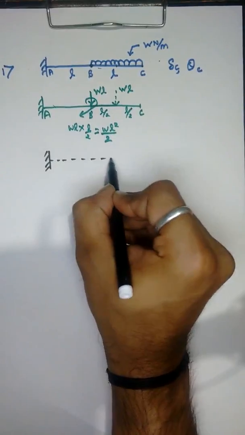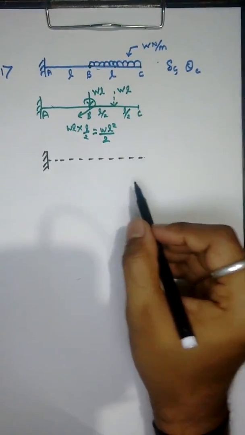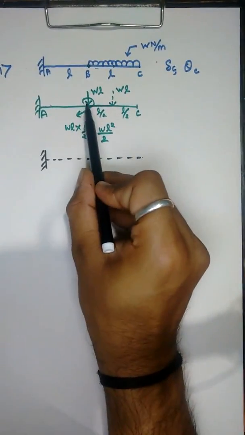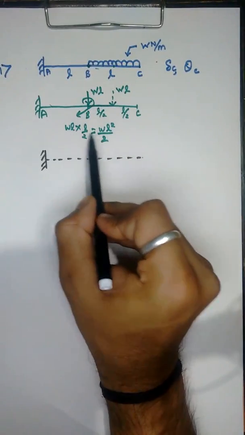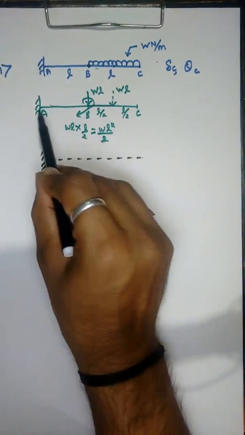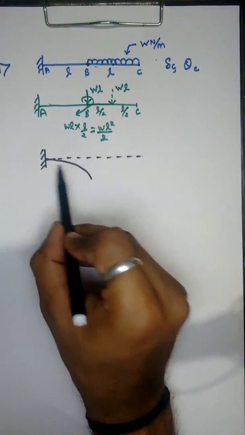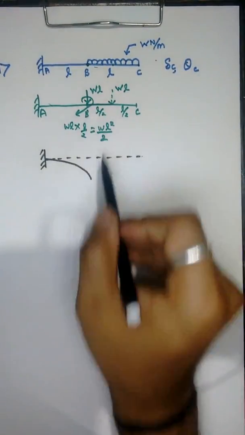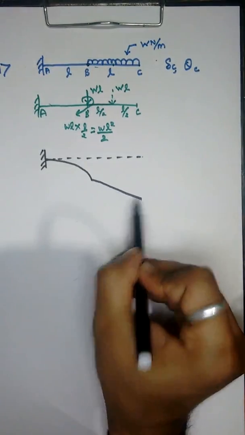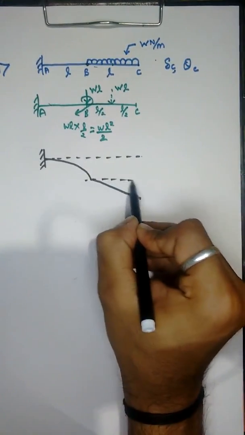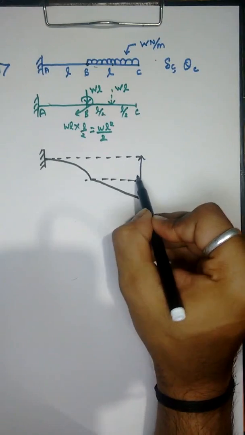So this is our reference axis of the beam. Due to this point load WL and a moment WL square by 2, region AB will deflect in this sense, and due to this deflection the BC will also deflect in a straight line. So what is this?